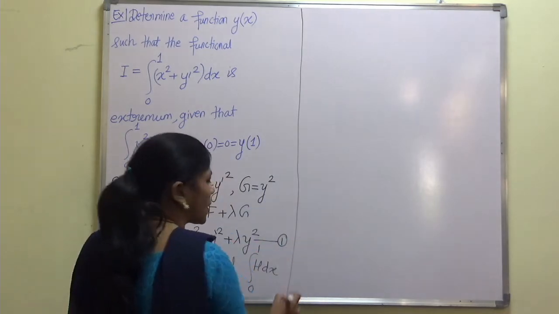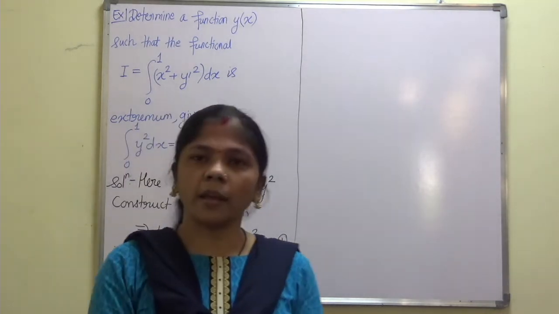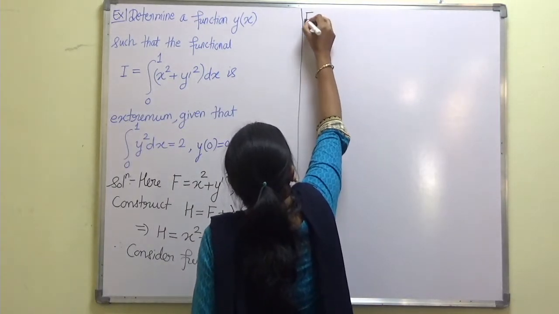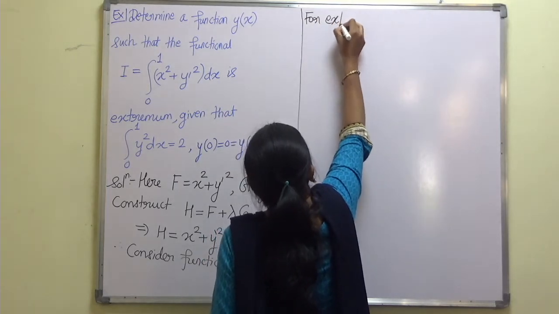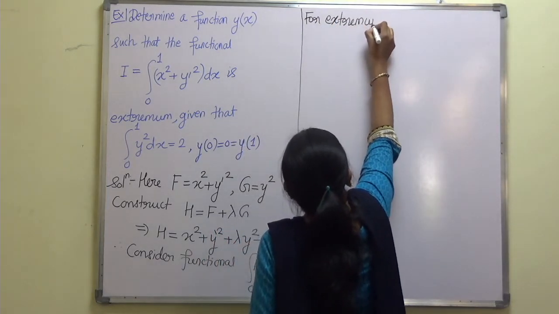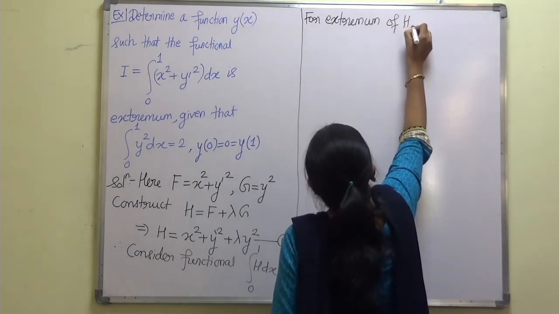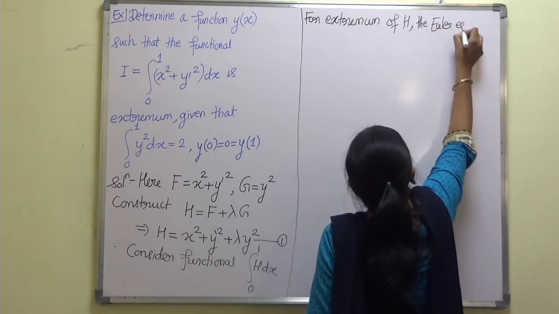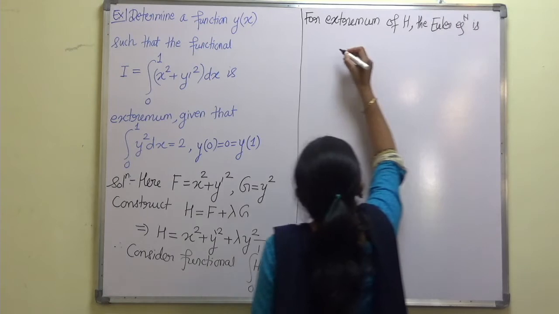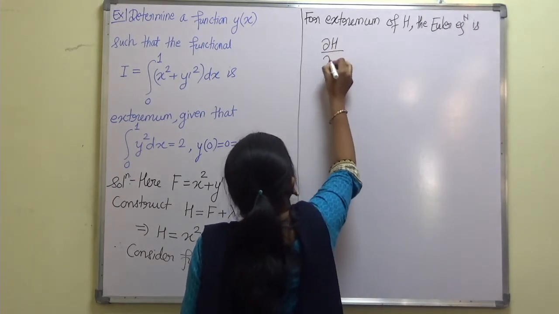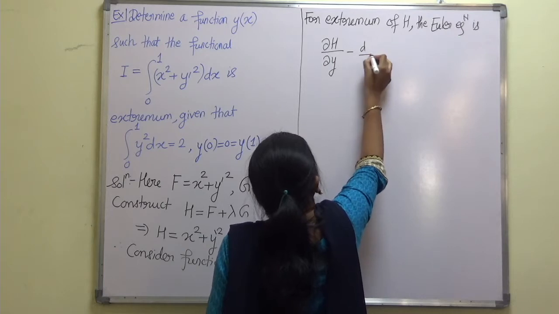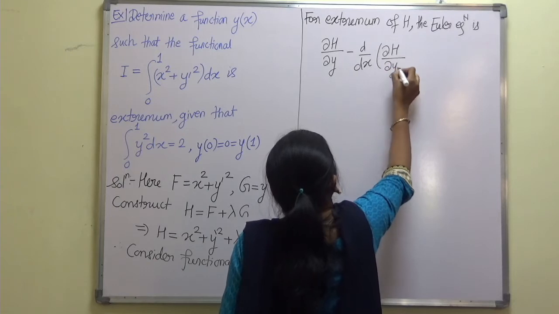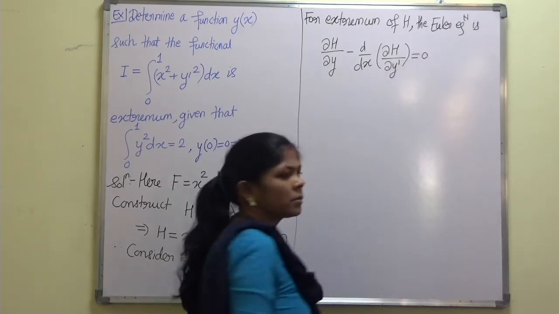Now, for extremum of the functional of H, the Euler equation is given by del H by del y minus d dx of del H by del y dash equal to 0.